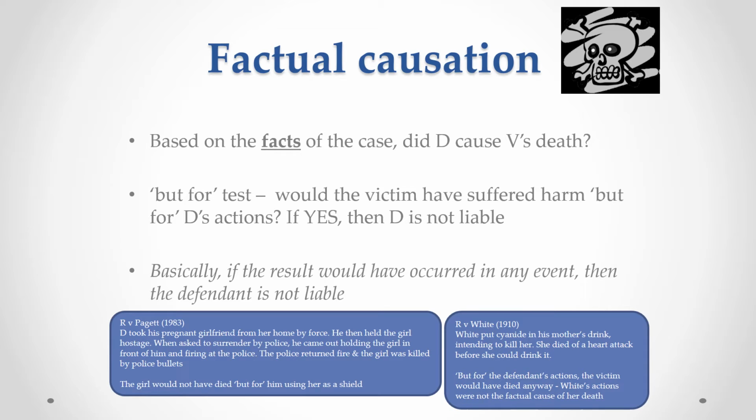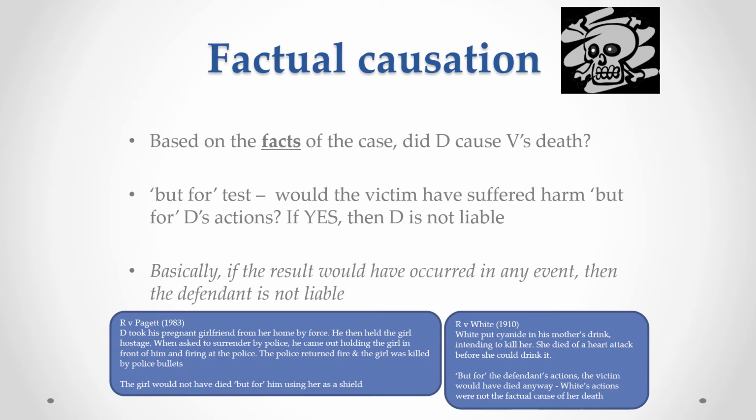So he was not the factual cause of her death. I wonder if you can think of what he would have been charged with instead. If he intended to kill her, he'd taken steps to kill her as well, physically, but didn't actually cause the result in the end. And hopefully you're thinking about attempted murder. He was guilty of that in the end.